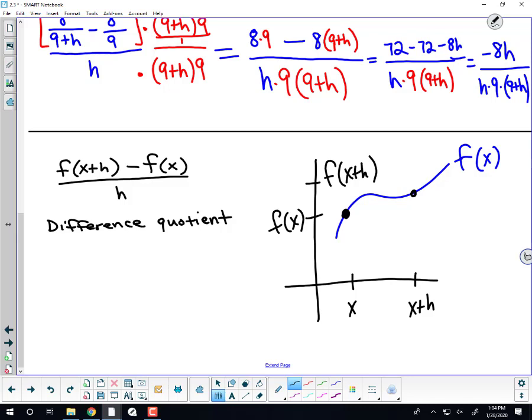Then we compute the change in y up top over the change in x on the bottom, which gives us a slope. If you remember that, we will see it again once we start chapter 3. Anybody have any questions on what we've done in 2.3 so far?